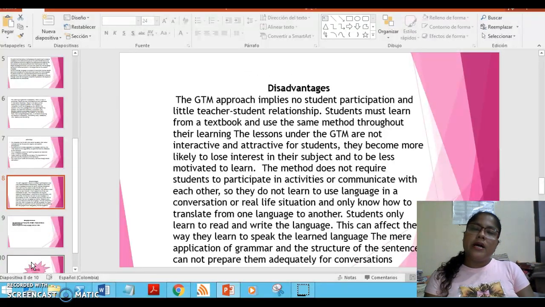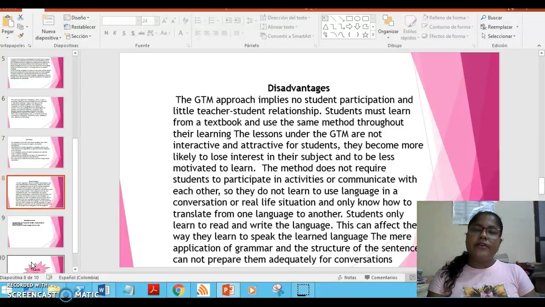Disadvantages. The GTM approach implies disadvantages due to no student participation and little teacher-student relationship. A student must learn from a textbook and use the same methods.